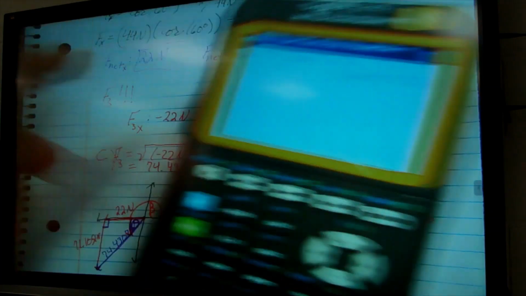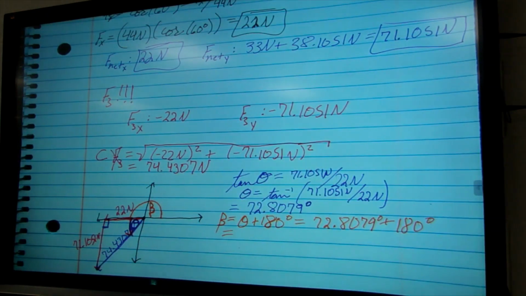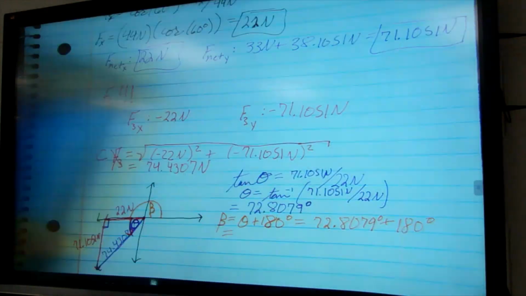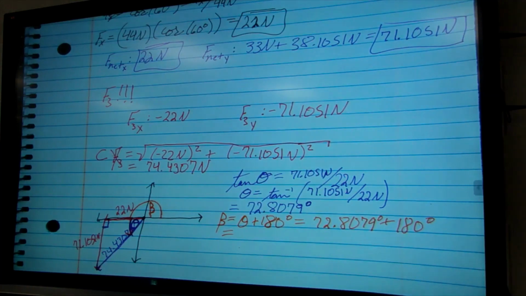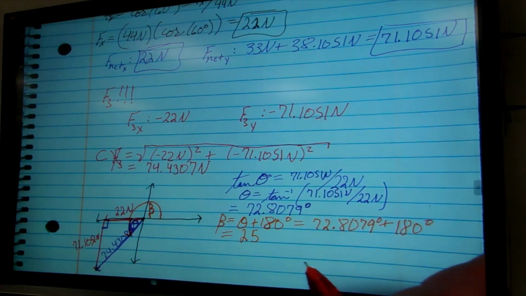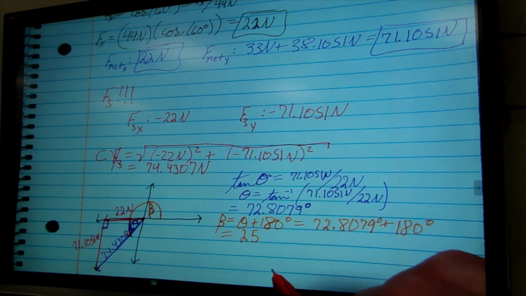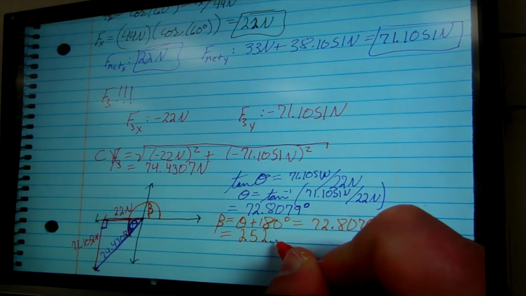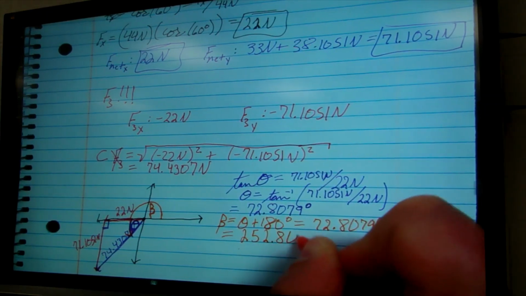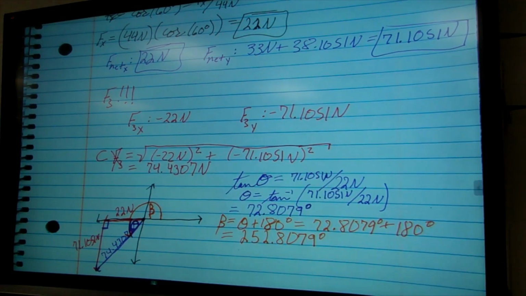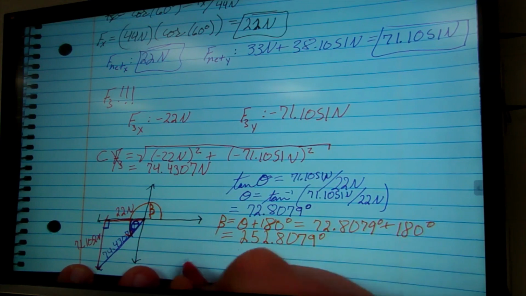I'm just using the answer I calculated. I'm finding the direction. We always have to find theta first, but not in all cases. If you're in the first quadrant, no. It's 252.8079 degrees.